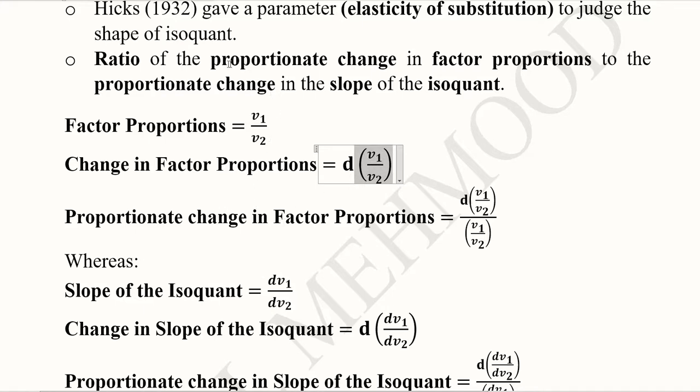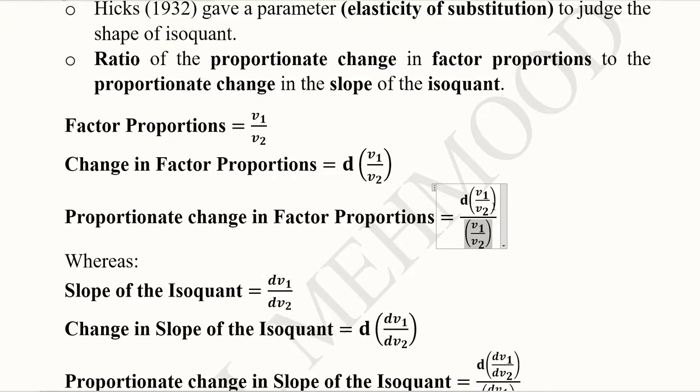The third thing that we want to find out is the proportionate change. It's not just change, it is the proportionate change. And for proportionate change, we calculate the ratio of the change in the factor proportions divided by the factor proportions.